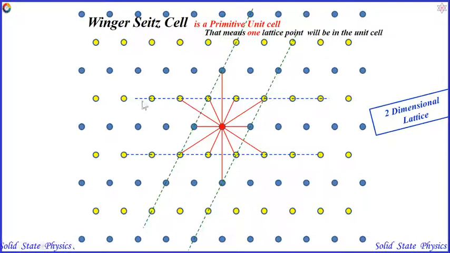You have to follow my pointer. Okay, so this line is also perpendicular to this line. Here you can see that the perpendiculars or normals I am drawing exactly pass through the points.